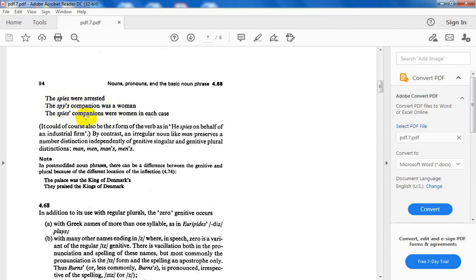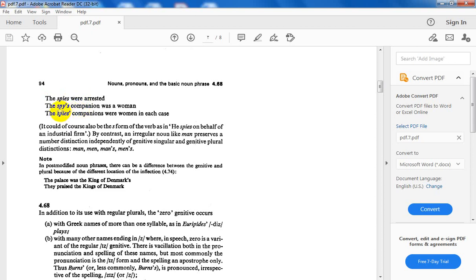The spies' companions were women. In each case, if you look at the pronunciation of spies, it is the same pronunciation, but the form of the noun is different. Here, the spies were arrested, it is only the plural form of the noun.